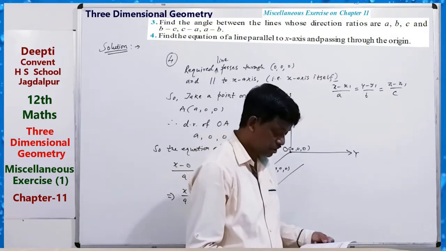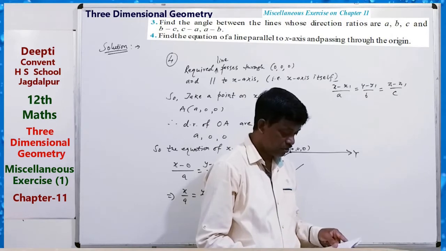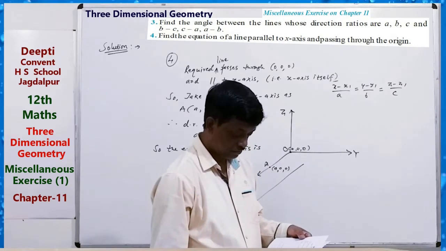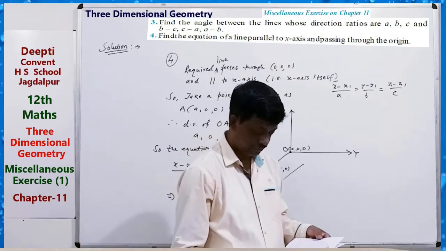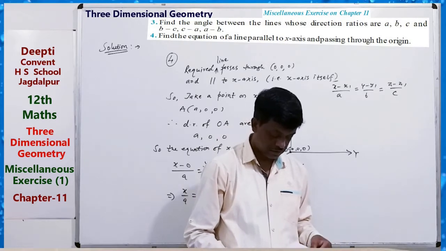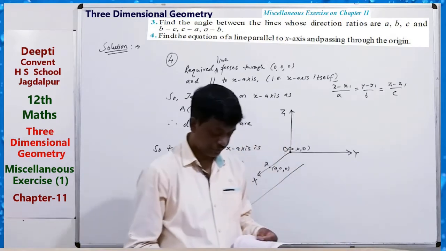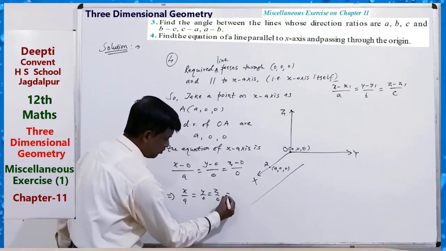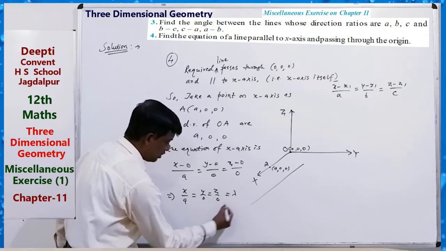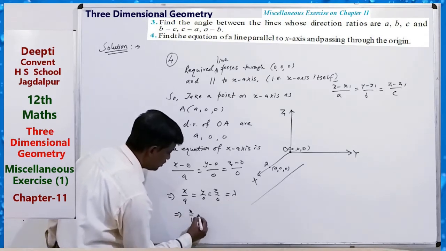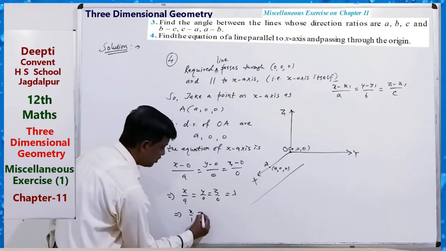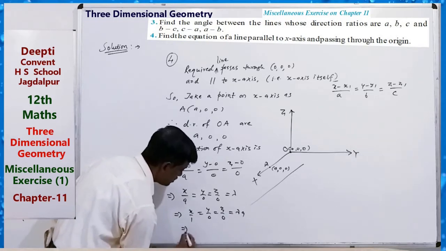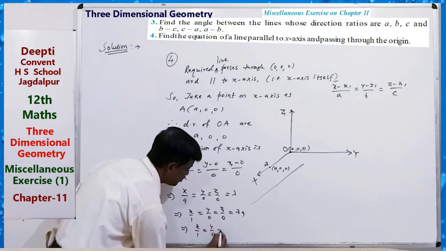This is question number 4. If all are equal to lambda, we can write x by 1 equals y by 0 equals z by 0 equals lambda. So x by 1 equals y by 0 equals z by 0.